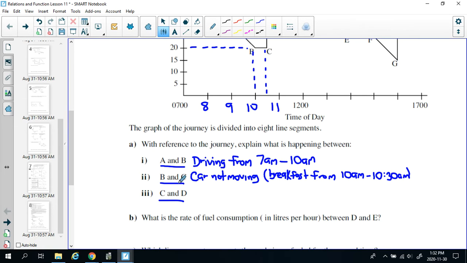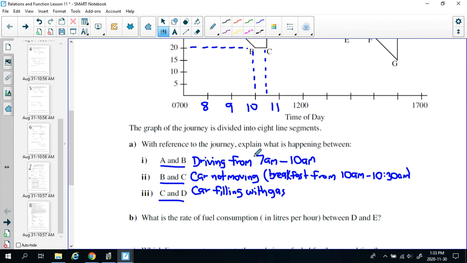So I could say car filling with gas. And that happens quickly. Technically it wouldn't be a pure vertical line, but we don't need to worry about that.